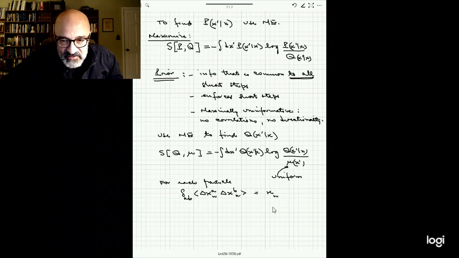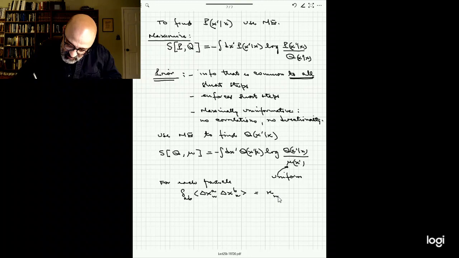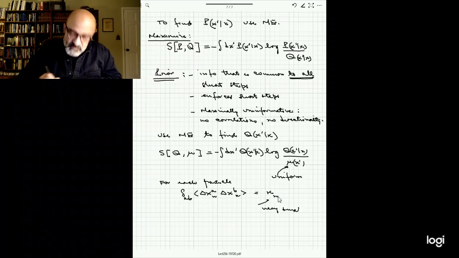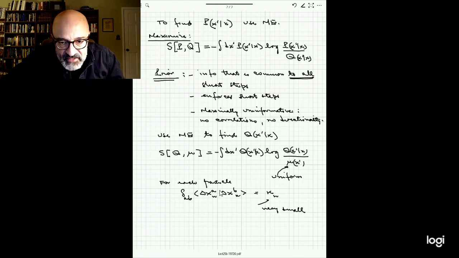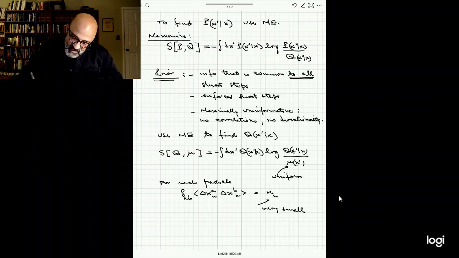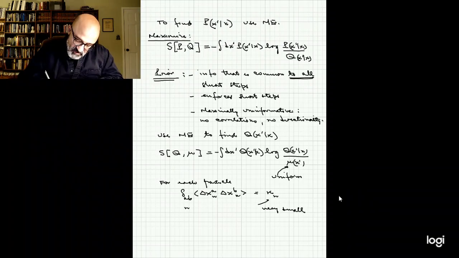I don't really need to worry too much about what it is, except that this quantity is very small. These different particles may jump by different amounts, so that's why I have an n there. And I have n of these constraints, one for each particle.